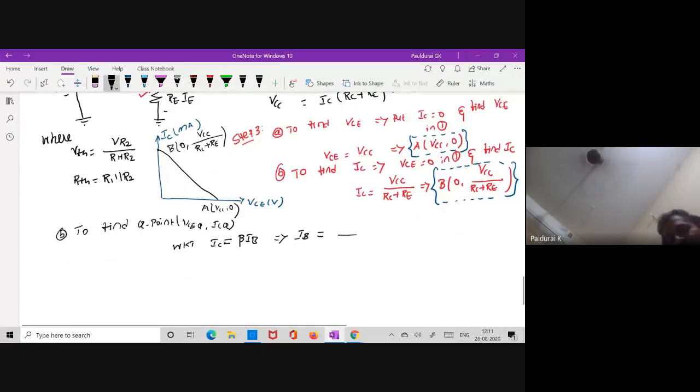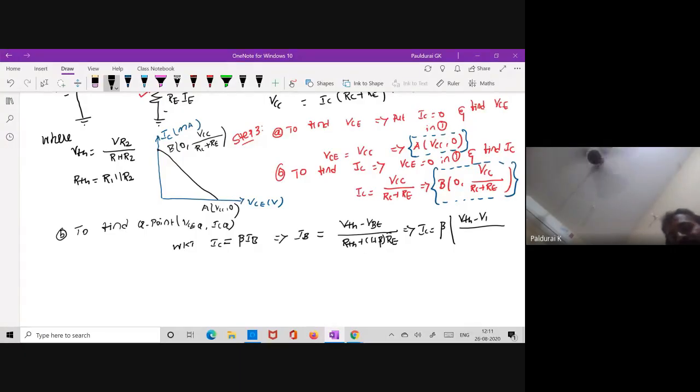You will get VTH minus VBE divided by RTH plus (1 plus beta) times RE, and that gives you IB. Then you know how to calculate IC, which is equal to beta times IB, where IB equals VTH minus VBE divided by RTH plus (1 plus beta) times RE.